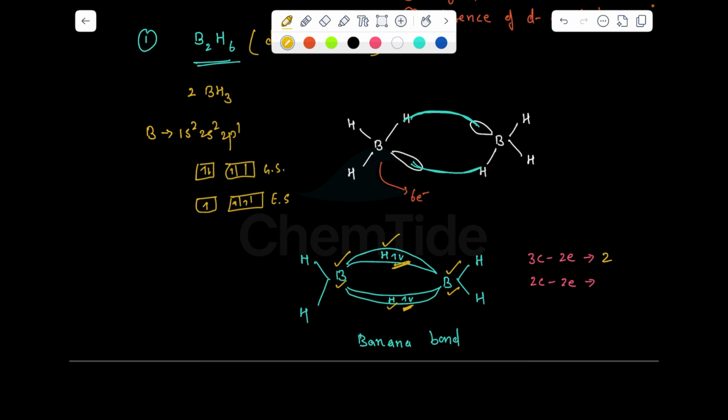So technically we have two 3 center 2 electron bonds. And two 2 center 2 electron bonds: this is one center, this is second center, they are sharing the 2 electrons. So we have total, this is one part, this is second, this is third, and this is fourth part. So we have total 4 as the answer here, and this is the important PYQ for the banana bond.